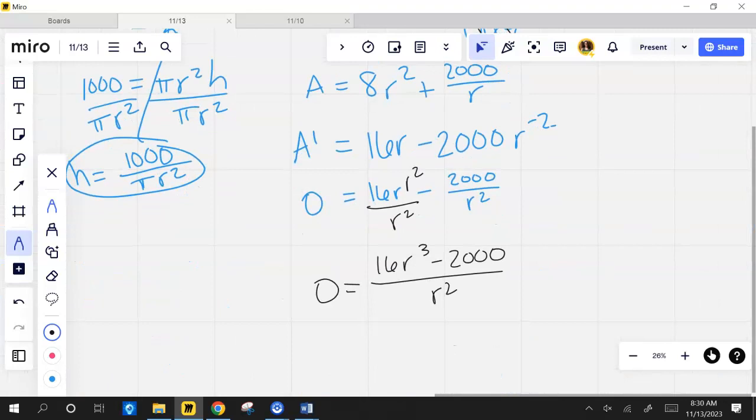Negatives aren't going to work, right? Negatives are out. Zero's out because you're not going to have a 0 radius. You're going to have a can, right? So it's really this equal to 0. So we get 2,000. If I add 2,000 to both sides, divide by 16, and then take the cube root, you're right, it's 5.